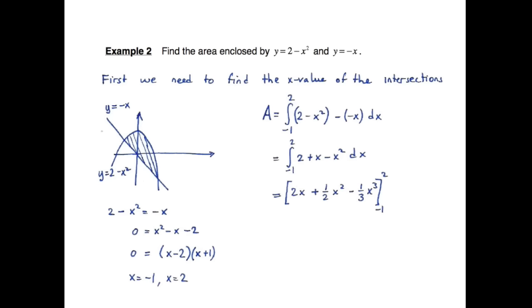The antiderivative is 2x plus half x squared minus 1/3 x cubed, that we now need to evaluate at x equals 2 and x equals negative 1. You know how to do that. And we finally get that the area is equal to 9 over 2. So a nice number, 4.5, for this quite complicated area.